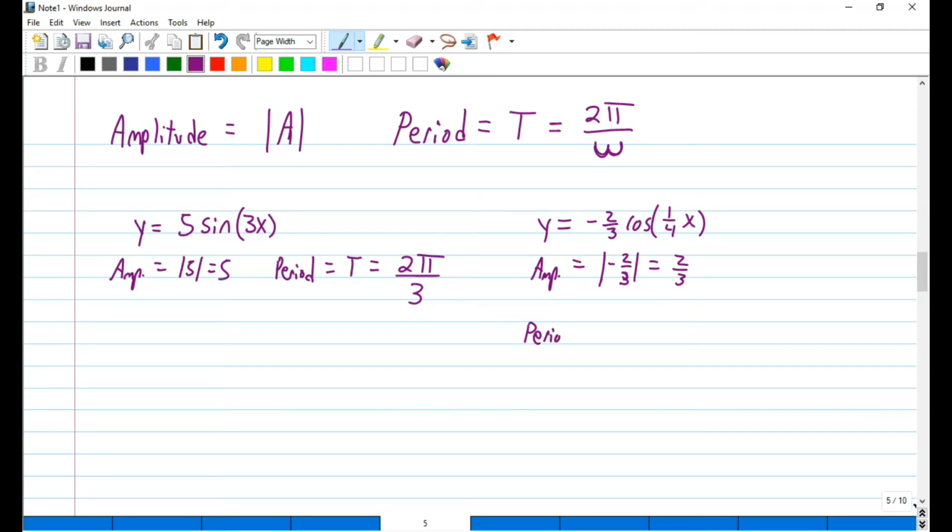All right, what's the period? 2 pi divided by, whatever's in front of the x. So 1/4. Flip and multiply, you get what? 8 pi. If you flip the fraction and multiply, you get 8 pi.